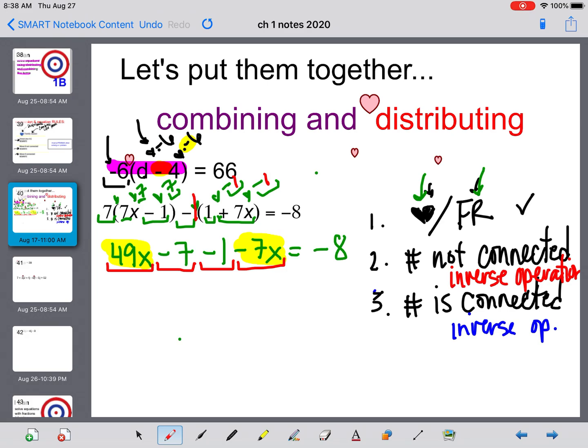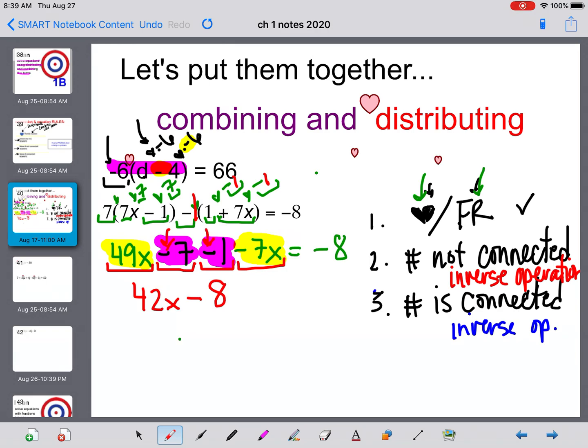Okay, when I do that, I get 42x, because 49 x's minus 7 x's gives me 42 x's. And then I'm going to go ahead and combine just my plain integers that I have here and end up with negative 8 for my integer.